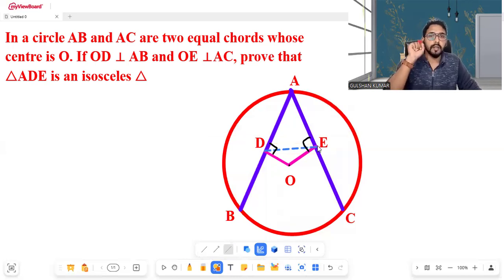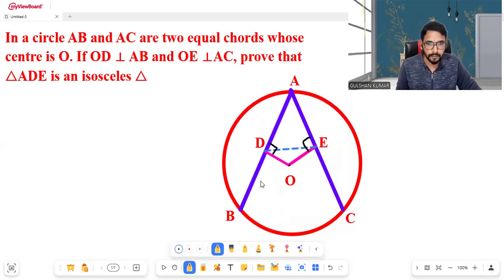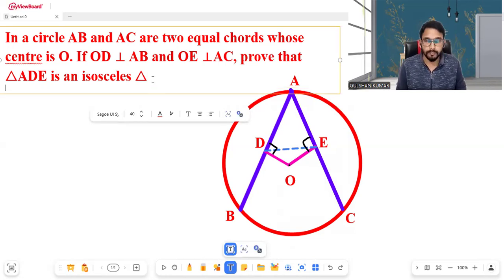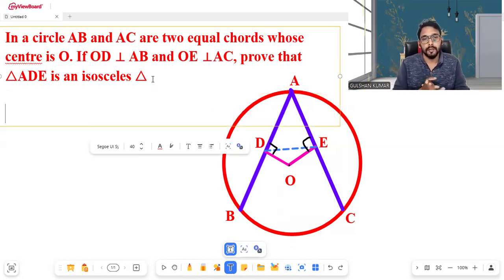According to the question, we have to prove that this triangle is an isosceles triangle. Now, what will be the approach? First of all, what we have to find out.